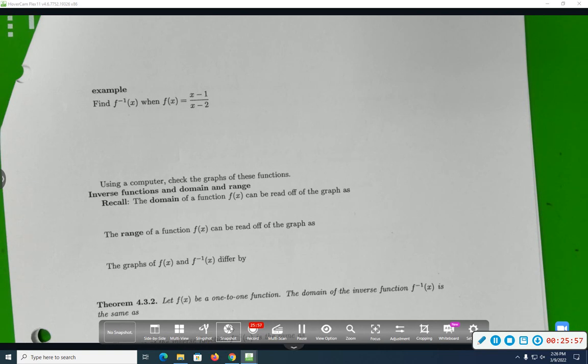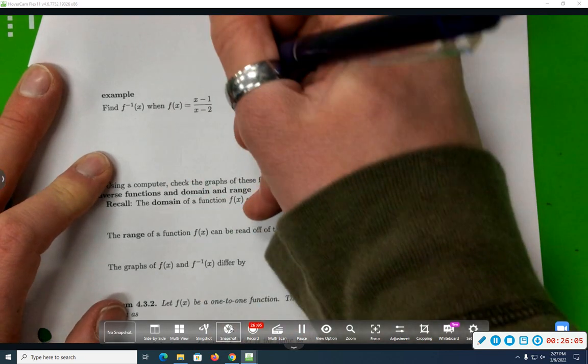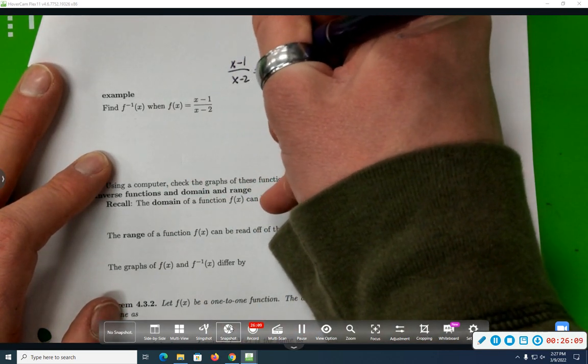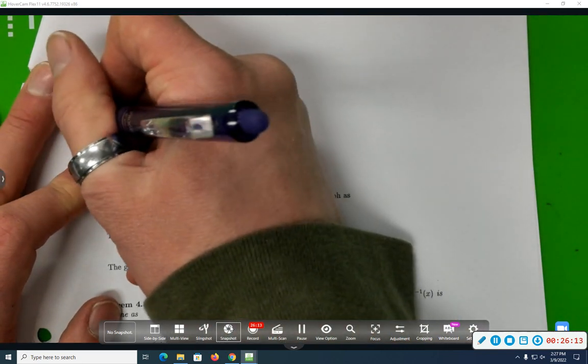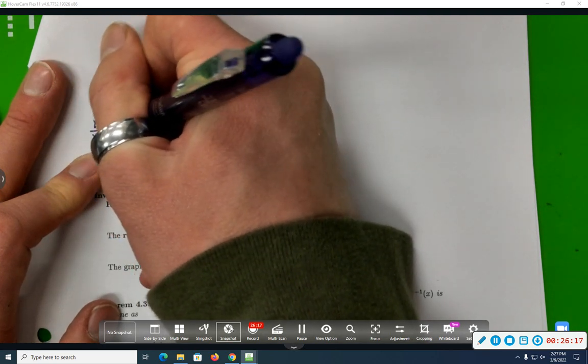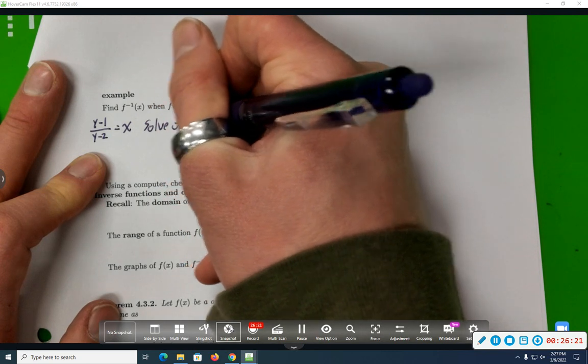Or just solve for x and then switch the x's and y's. But let's do it this way. I'll take (x minus 1) over (x minus 2) equals y. I'll swap all the x's and y's to get the equation (y minus 1) over (y minus 2) equals x. And I'll solve for y.